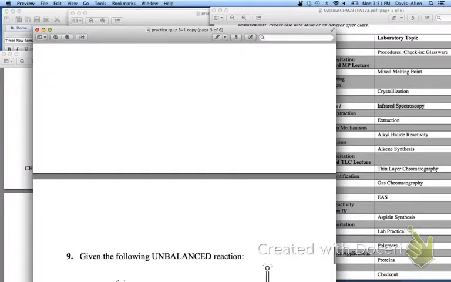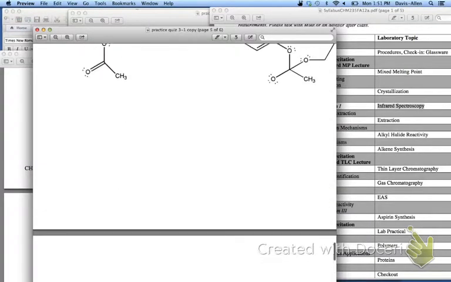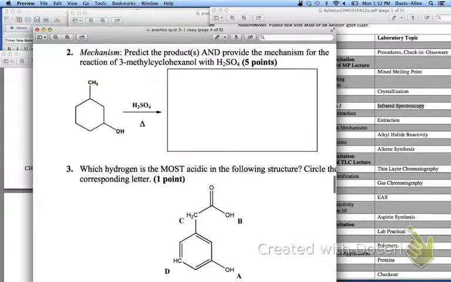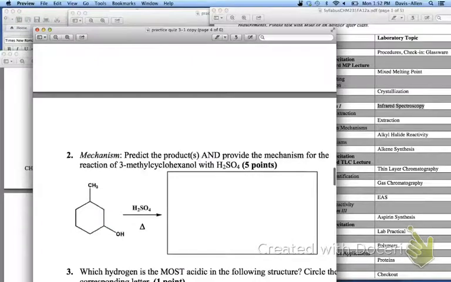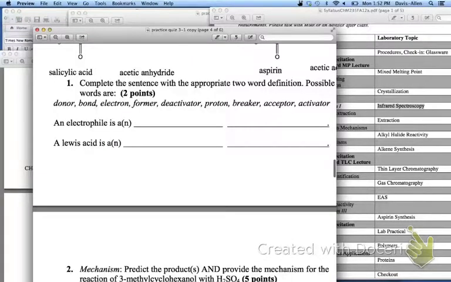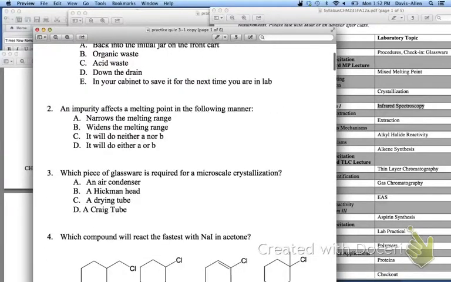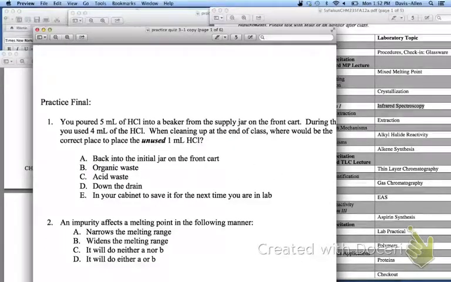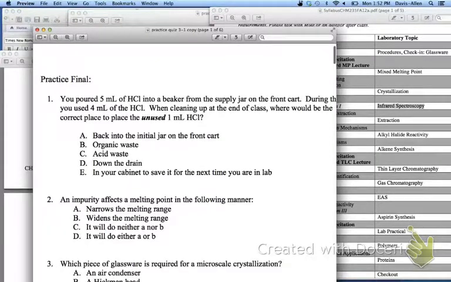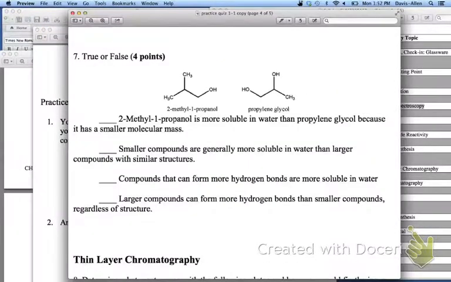Practice quiz 3, the one I'm scanning through very, very fast, which is probably hurting your eyes right now, I think is going to be your best bet for most of the experiments, as far as covering everything.